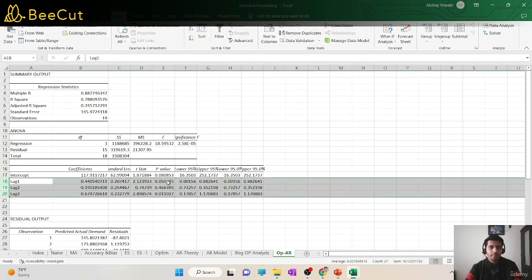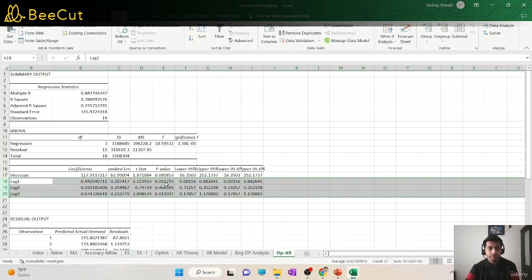This p value helps us understand how statistically significant the particular variable you have taken is, and how much it is helping in predicting the future forecast.